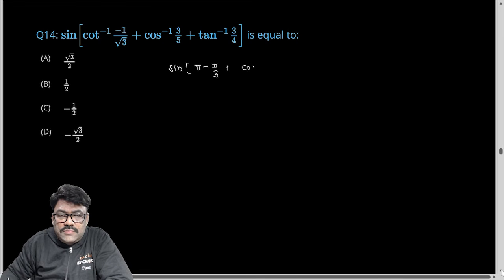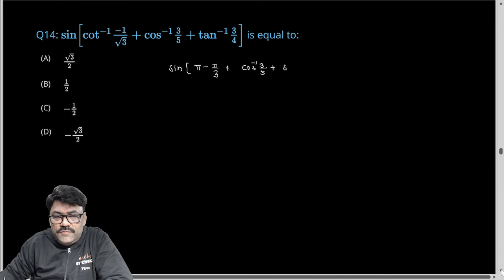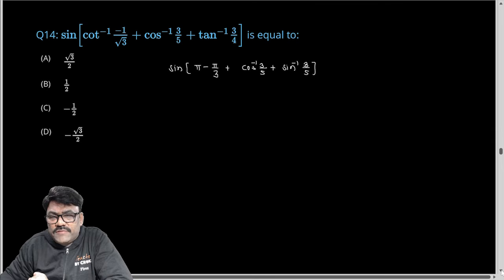Then cos inverse 3 by 5. And if I convert this tan inverse 3 by 4 in terms of sine inverse, so tan is P by B, sine will be P by H. So it will become sine inverse 3 by 5. Actually, tan inverse 3 by 4 is same as sine inverse 3 by 5. Tan P by B, sine P by H.